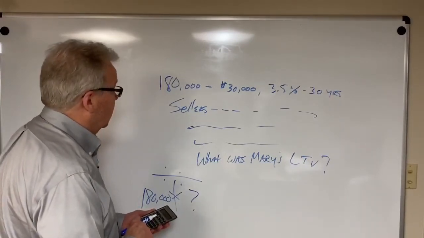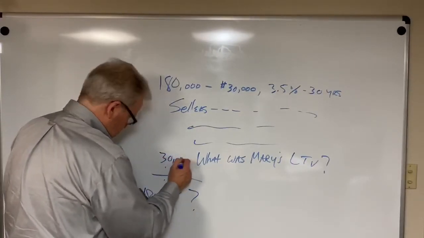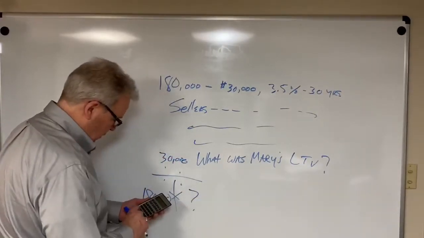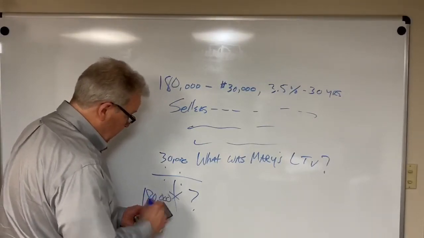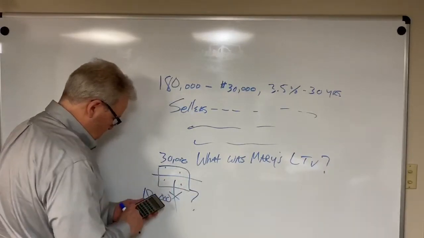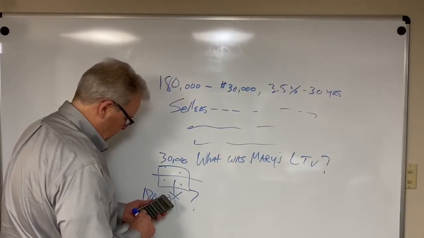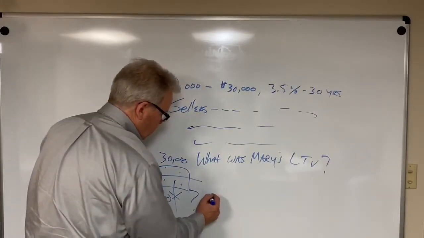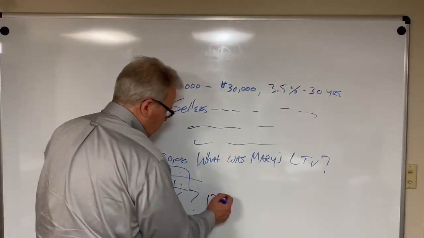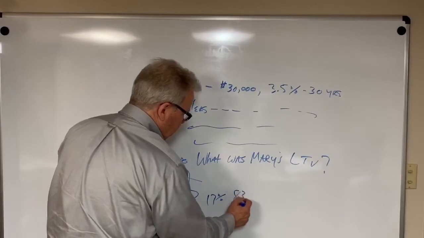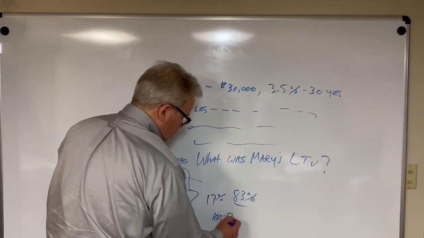Yeah, so that's about right. So you would put 30,000 here, and it would give you your rate there. So 30,000 divided by 180 gives me 17%. So she put down 17%, so it was an 83% LTV. That would be 100 minus 17.